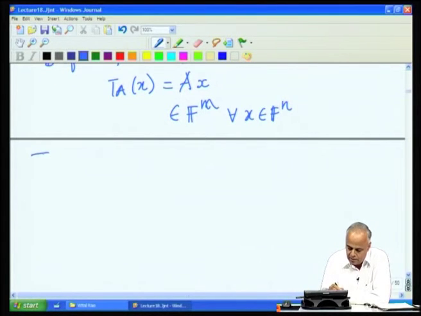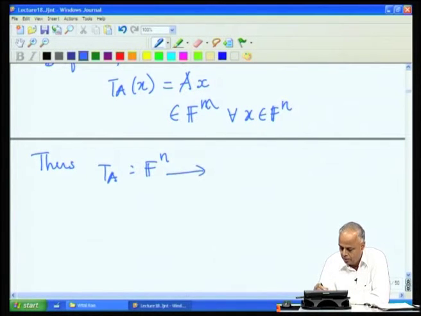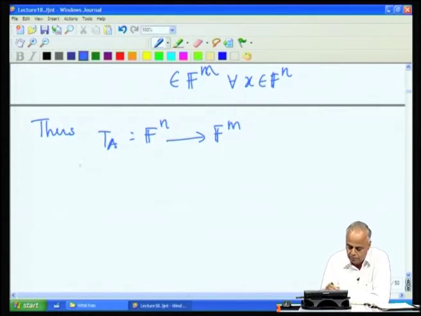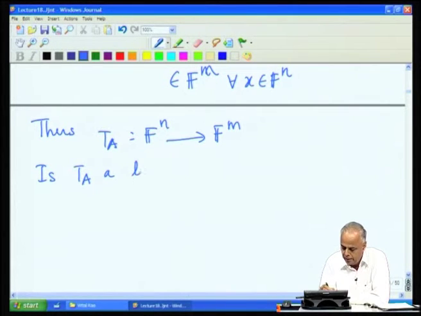Thus, TA maps Fn to Fm. Since we have a transformation between these two vector spaces, it is natural to ask whether it is a linear transformation. So, is TA a linear transformation from Fn to Fm?